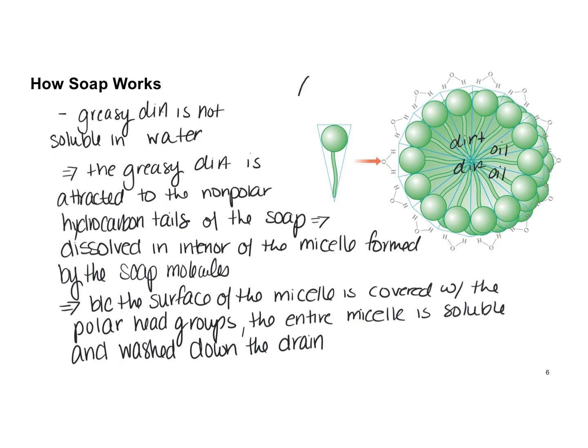Now, when we talk about this particular molecule here, it is referred to as an amphipathic molecule, which just means it has polar and non-polar sections. Right? And so these amphipathic compounds, like soaps, are referred to as emulsifiers.